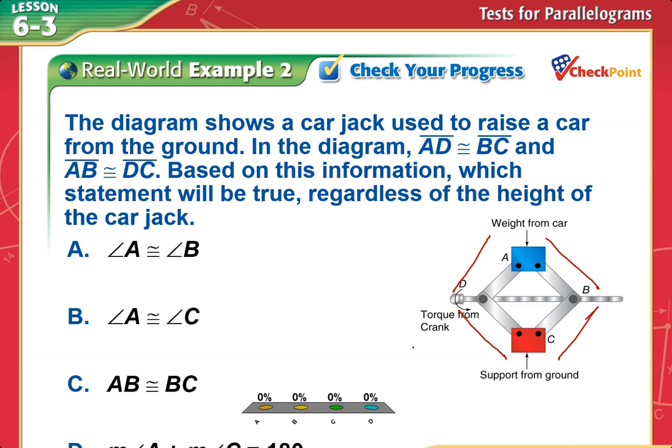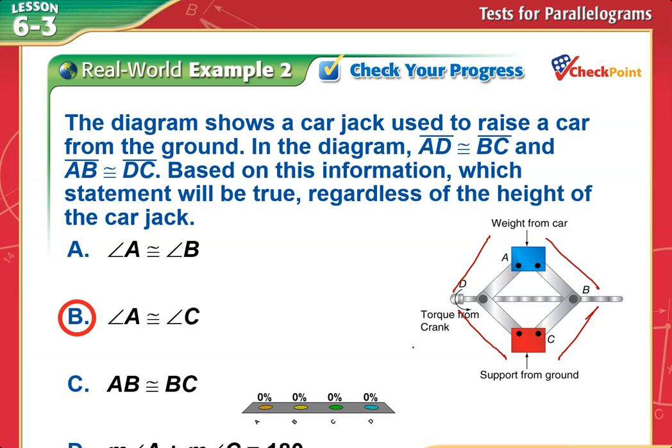Good. Pause your video. If you said angle A is congruent to angle C, you are correct. Since opposite sides are congruent, the opposite angles will be congruent because it's a parallelogram.